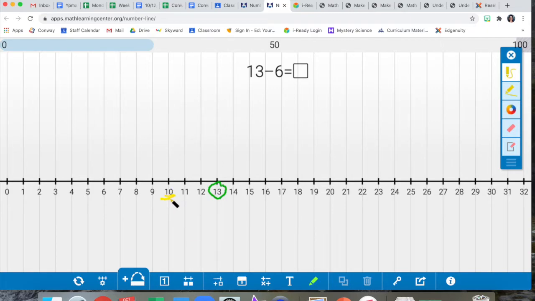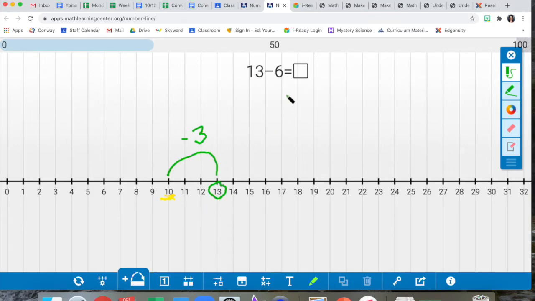There's the 10. When we subtract 6, first we want to take away enough of them to land on the 10. So we want to be right there. How many did I take away to land on the 10? Yeah, it was 3.